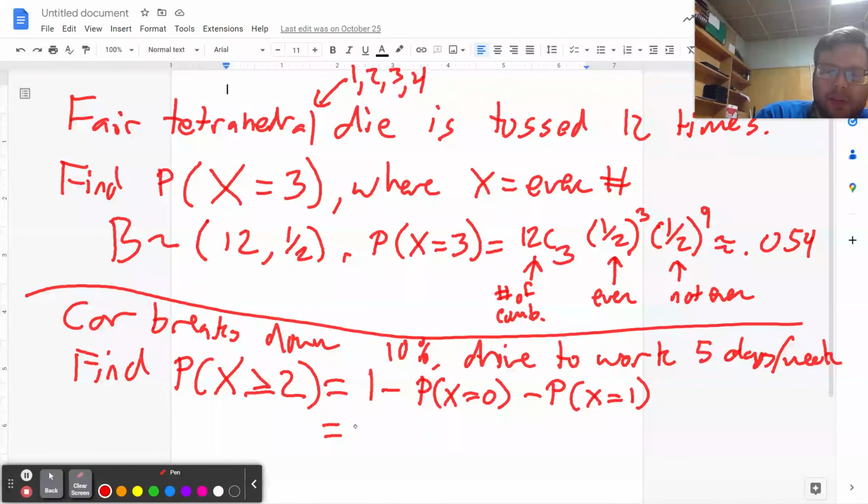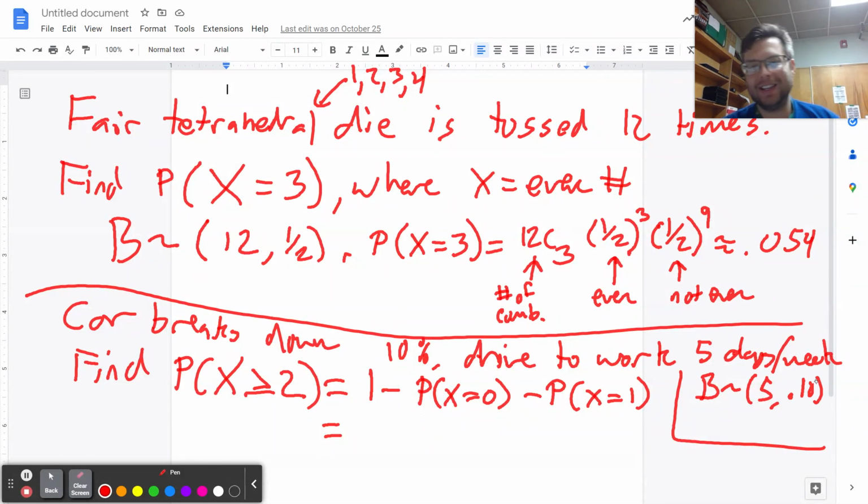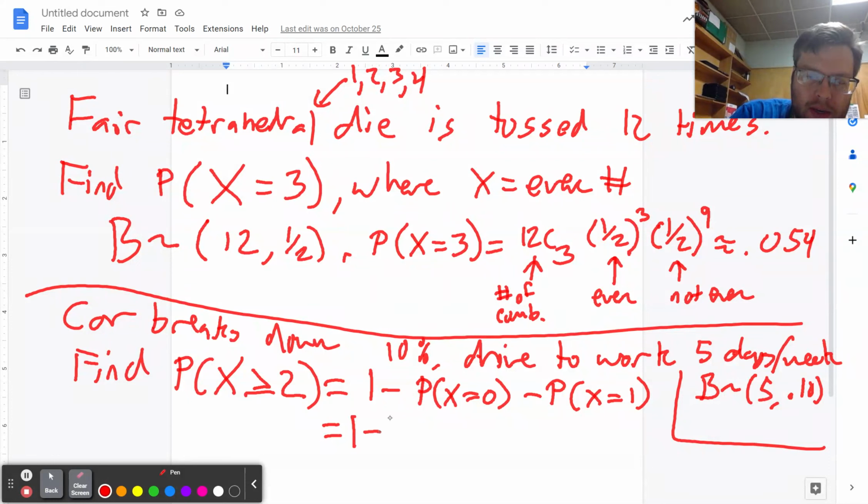So here we have a binomial distribution with 5 trials and a 10% success. It's weird to call it a success when your car breaks down, but the way I defined X, that's how we're using that term. So we have 1 minus 5 choose 0, 0.1 to the 0, 0.9 to the 5.